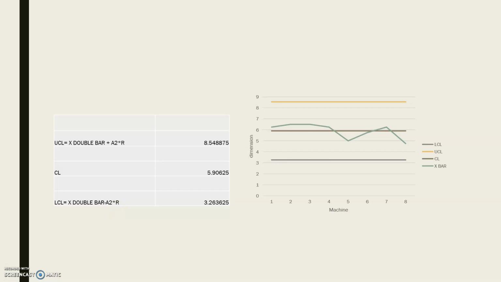We can plus all the x bar, then divide by 8 because they have 8 machines.